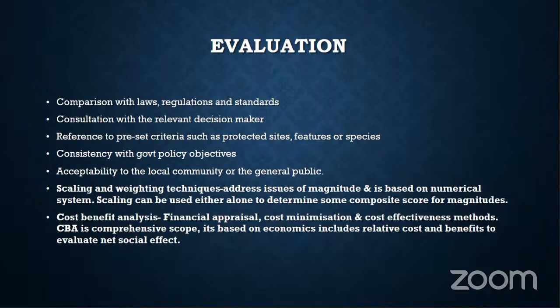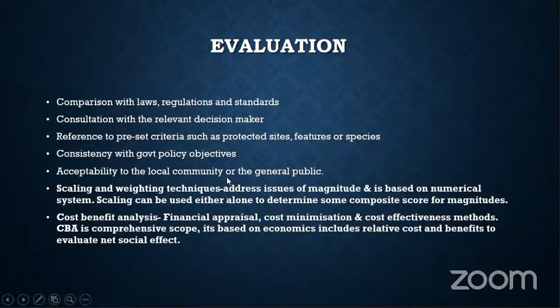Then reference to preset criteria such as protected sites, features, or species. Some protected areas will be there, protected forest area, like that. We need to check all those things. Then consistency with the government policy objectives.